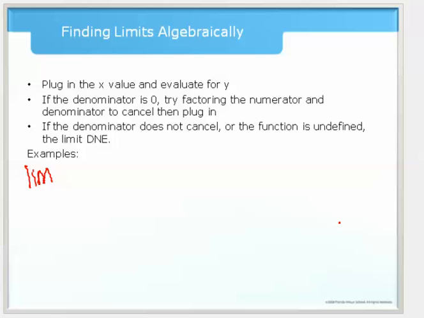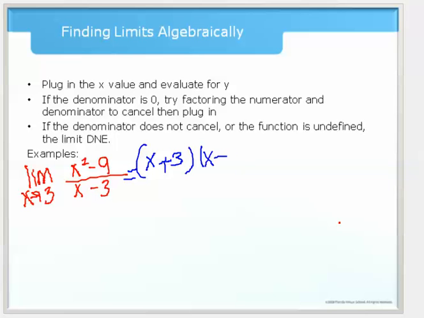The first one is the limit as x approaches 3 of (x squared minus 9) over (x minus 3). Before we plug into this function, we want to see if we can factor and cancel that denominator, because I can already see that my denominator would be 0. Let's see if we can factor the numerator.